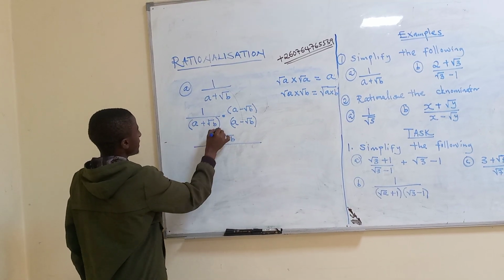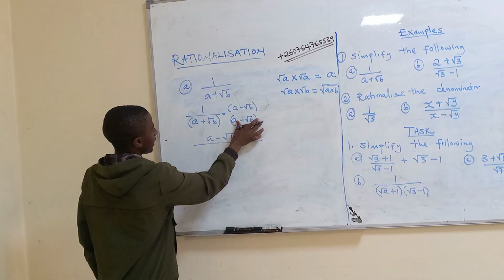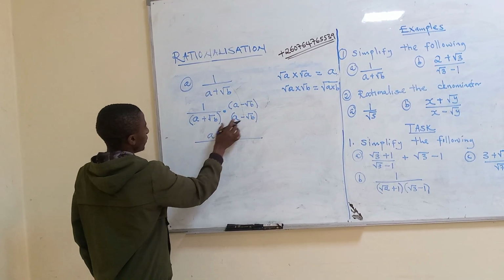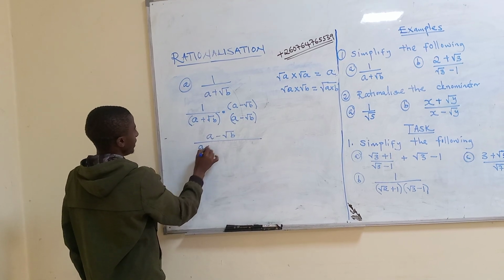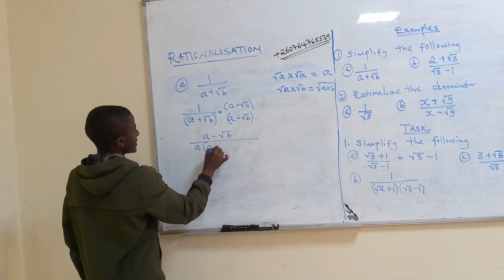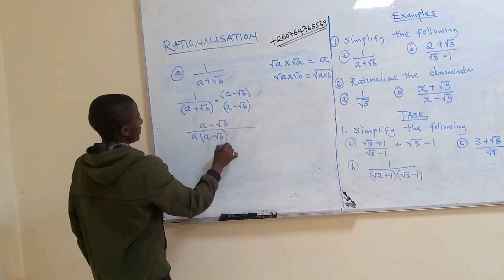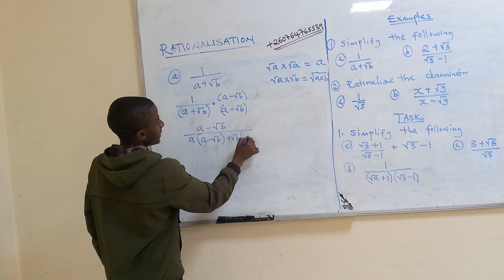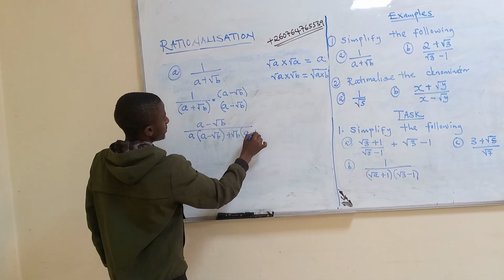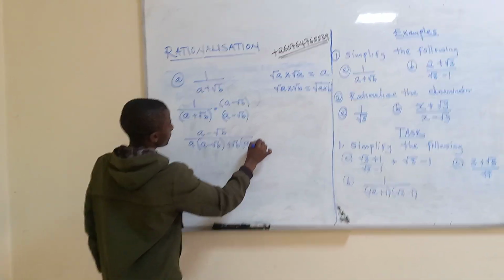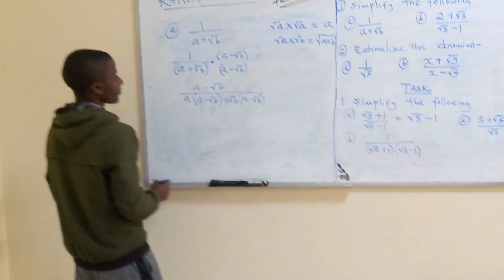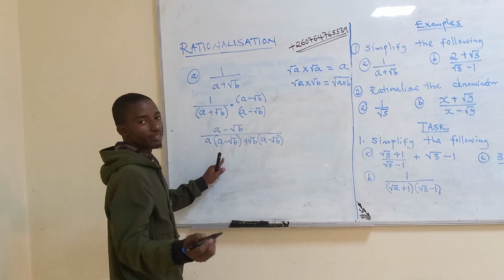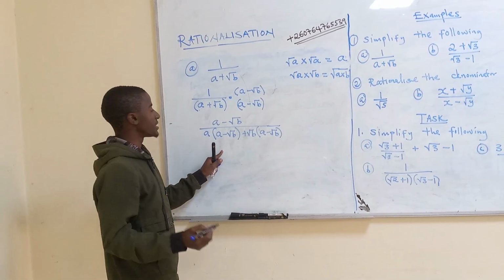And then here, these two under the denominator are multiplying each other. So this a is going to be multiplied with everything inside the brackets. That is a, open brackets, a minus square root of b, plus square root of b multiplied by a minus square root of b. From there, you simplify, leaving your answer in lowest terms.